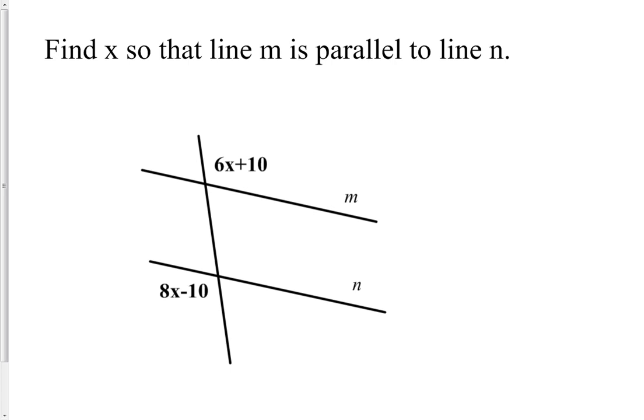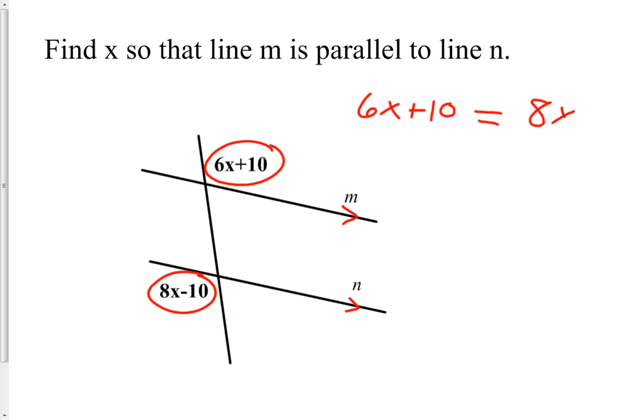Next one, find x so that line M is parallel to line N. So once again, if M is parallel to N, that means alternate exterior angles are congruent. So this angle equals its alternate exterior angle, that one. So 6x plus 10 equals 8x minus 10.